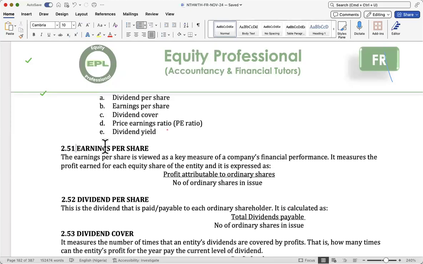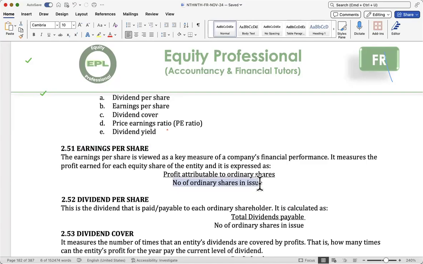So there is earnings per share. As the name implies, it is the amount of earnings that is due or payable to each ordinary share, and is computed as profit attributable to ordinary shares over number of ordinary shares. I know that some of you have been taught this one as a separate topic.